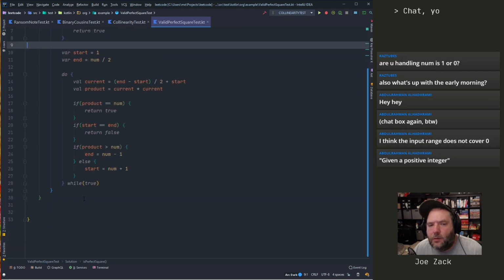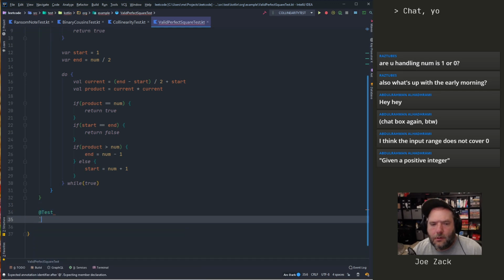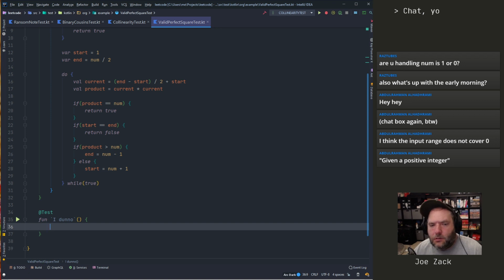All right, do a couple tests. Solution dot is perfect square. 0 should be false. Well, sounds like it's not part of the input, so I'm not going to check that.